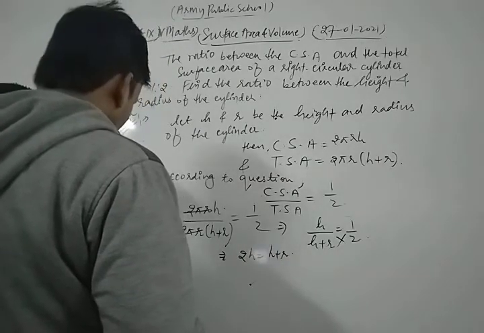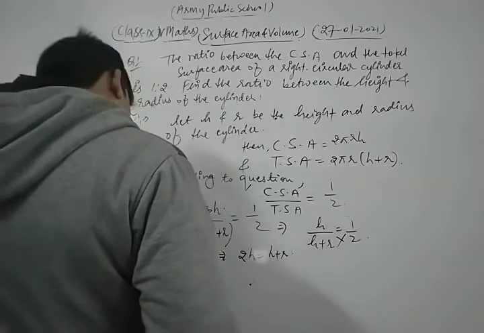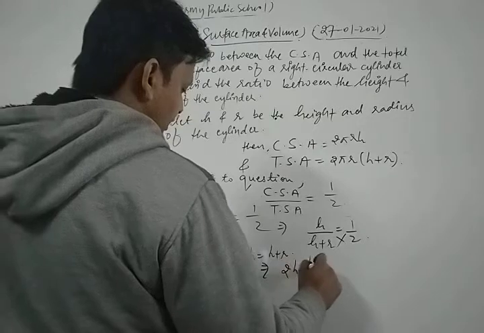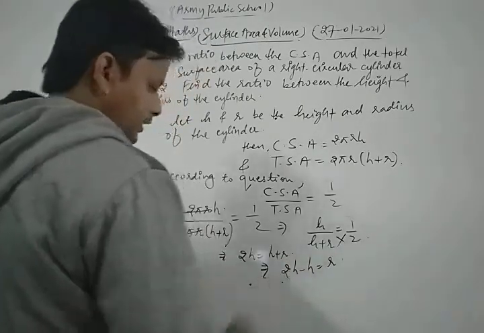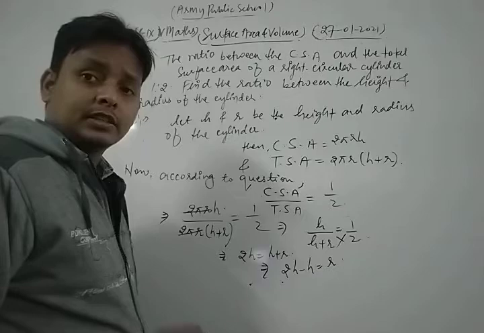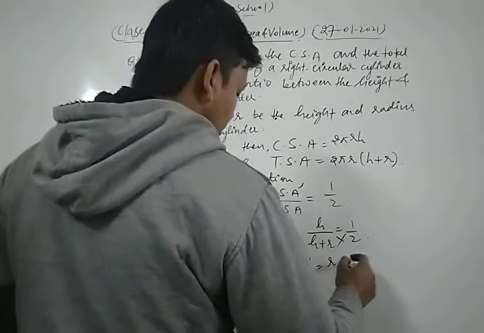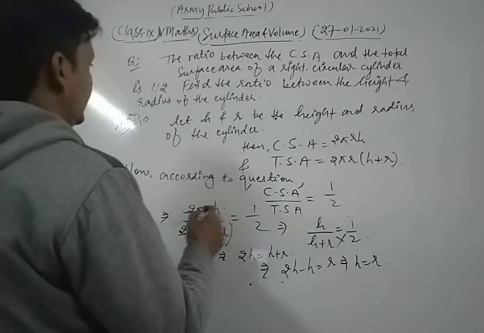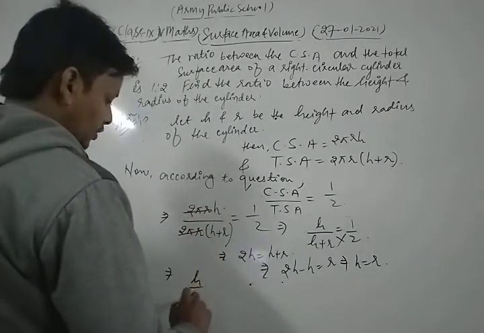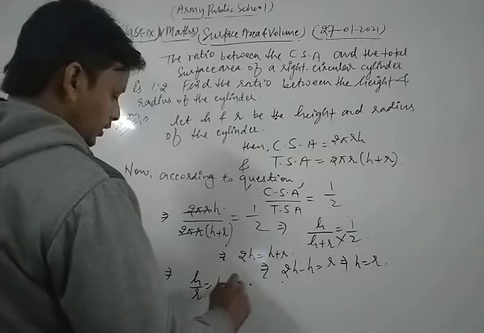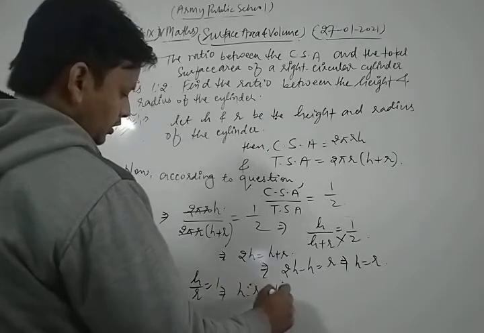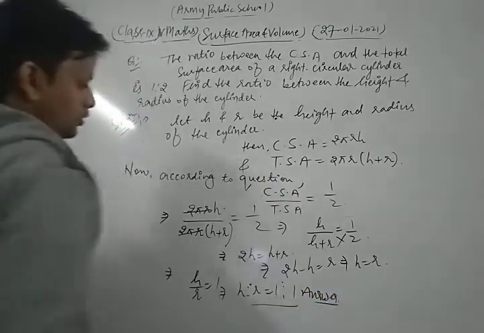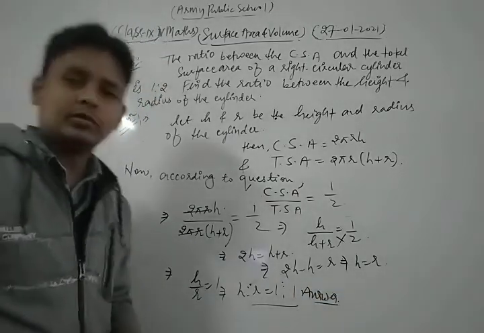Then 2h minus h is equal to r, that is 1h, so h is equal to r. Thus h upon r is equal to 1, and the required ratio is 1:1. This is the required solution of the given question.